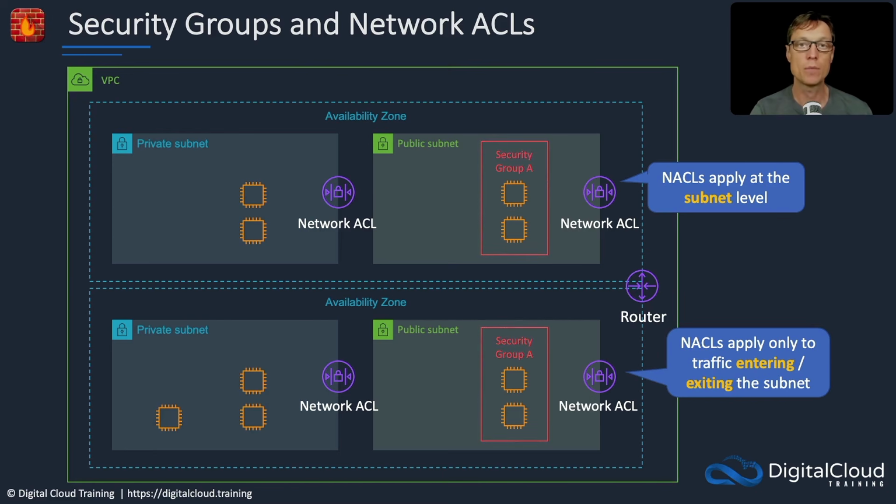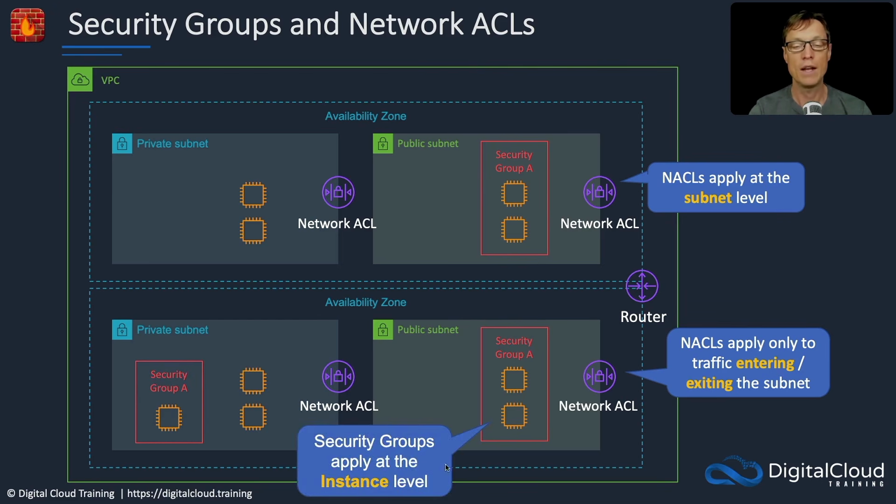A security group is different. A security group actually applies at the instance level of an EC2 instance, actually at the network interface level of the EC2 instance. So that means we can have a security group that is applied to EC2 instances in different subnets.